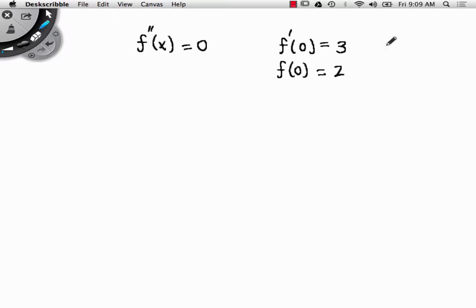This is an initial value problem. So what do I do first here? To solve for this, I anti-differentiate both sides, so I take the integral of both sides.